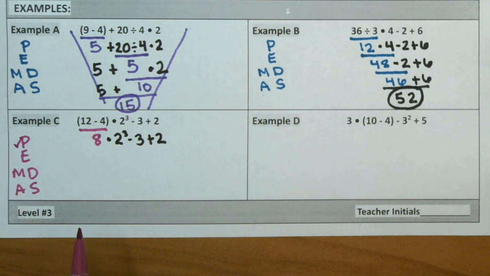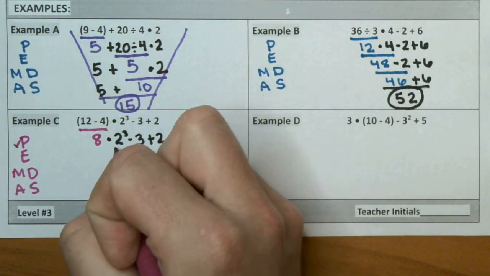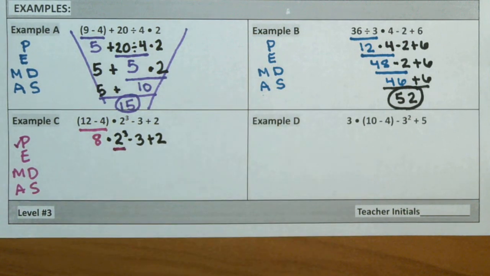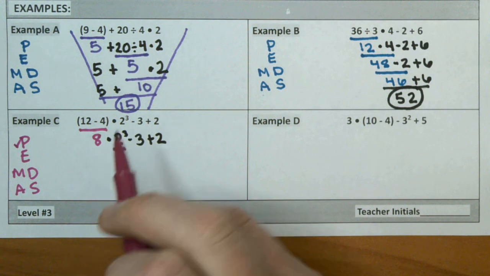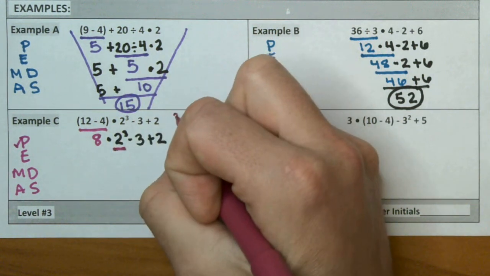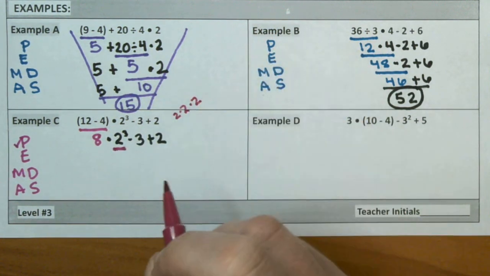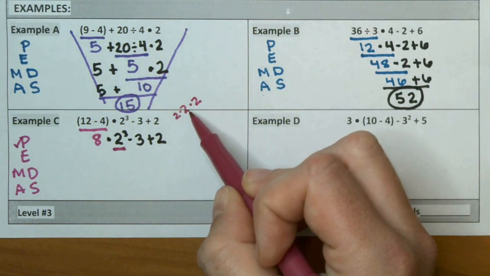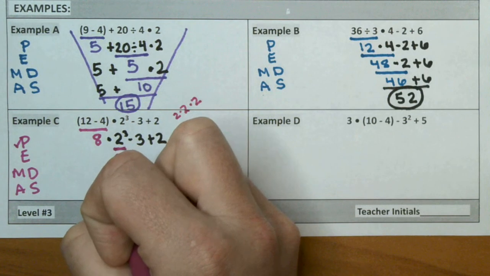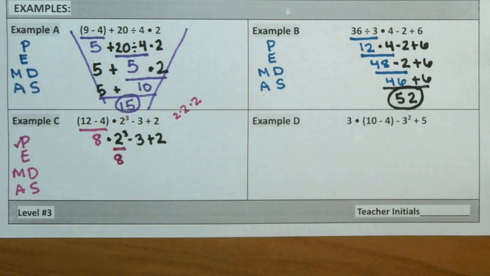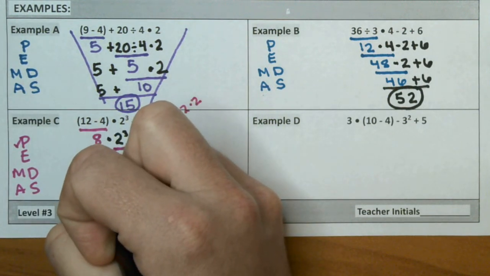The exponent is a step on its own. So you should have just underlined 2 cubed. 2 cubed does not mean 2 times 3. It means 2 times 2 times 2. 2 times 2 is 4, times 2 is 8. So 2 cubed is 8, and we'll bring down everything else.